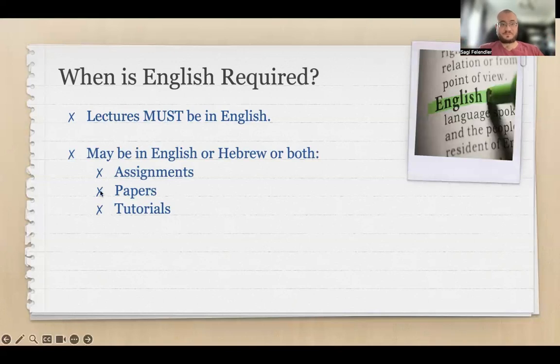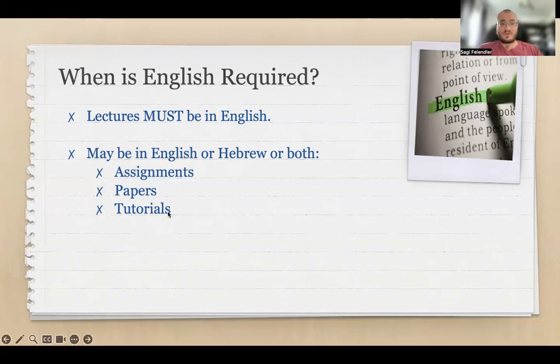For example, assignments or papers may be in English or in Hebrew or in both. You can ask your students to submit in English or in Hebrew. You can ask them to submit in any one of these languages if you wish, or if you can read and grade and feel comfortable working with both.